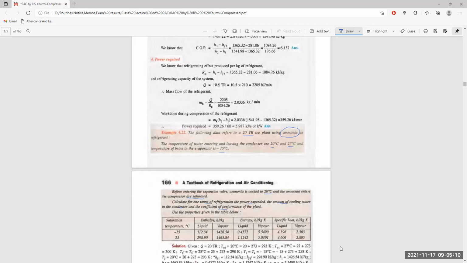So, what is first of all given here? The refrigerant is ammonia, and it is creating a tonnage.